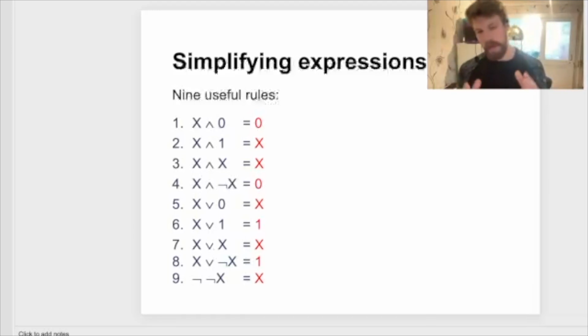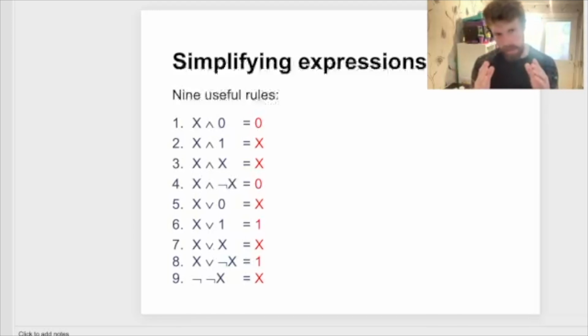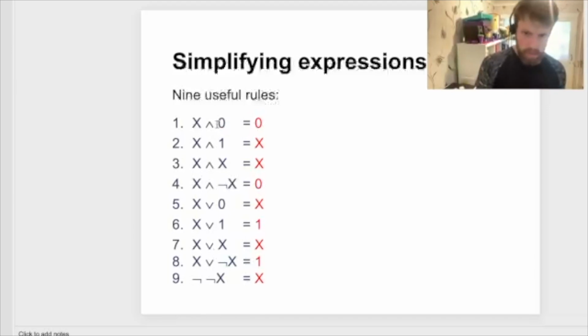Now, let's go through why these work, because I think if you understand why, it makes things easier for your brain to remember. So you've got X and 0. If we think about how an AND gate works, both of them have to be 1 for us to get an output of 1.